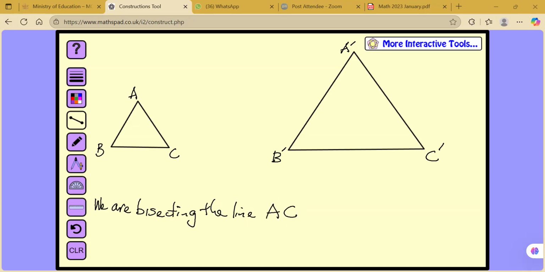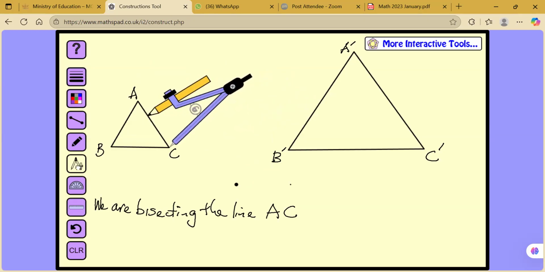How do we do that? The question is, how do we bisect AC? I want to teach you that. All right, so I'm going to take my compass, but I need to open it just a little more than half of AC.